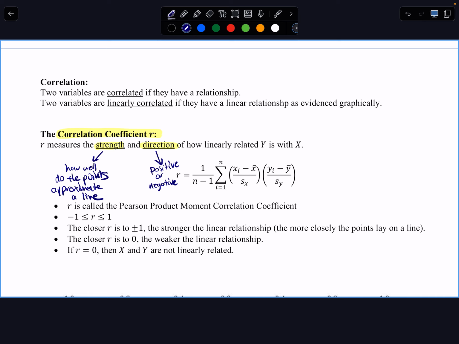That means we're going to have a strong correlation. Or are they scattered really far from a line of best fit if we were to try to draw one? That would be a weak linear relationship. So this statistical index can confirm some of what we see in the scatter plot. Now, it's calculated using this formula here.